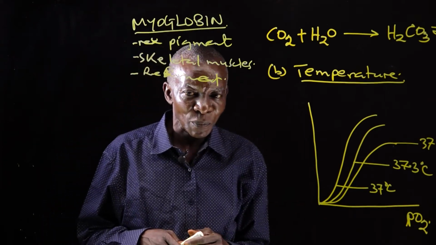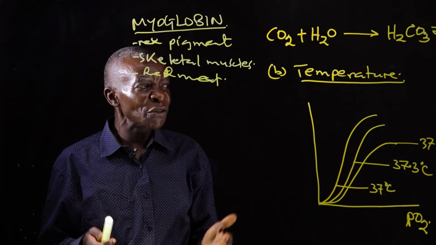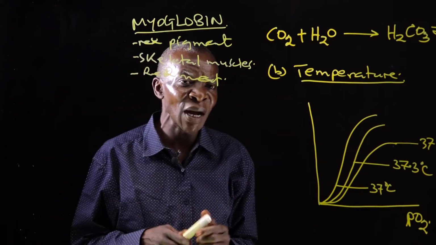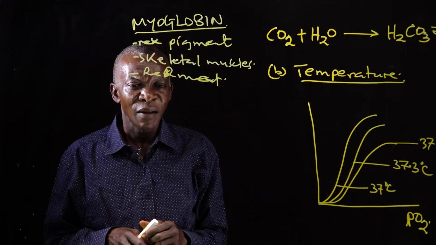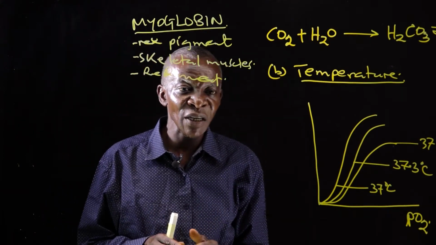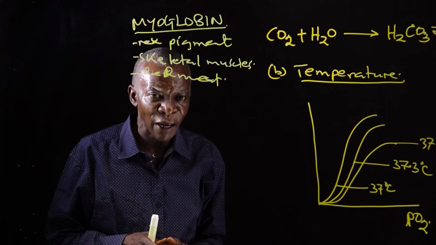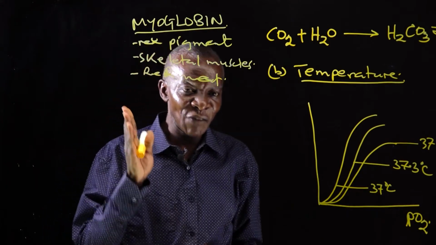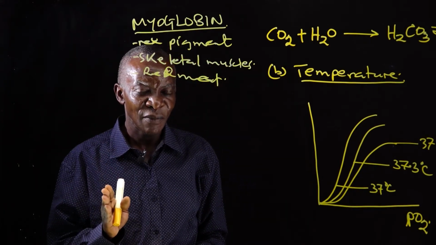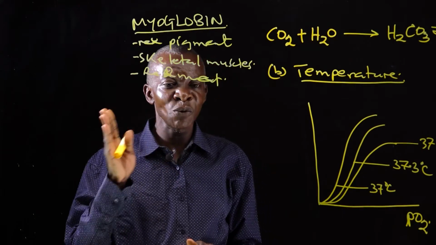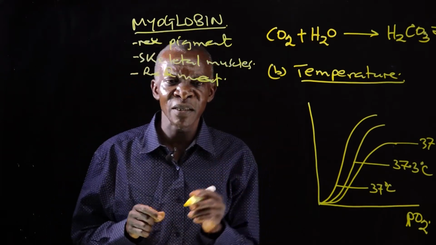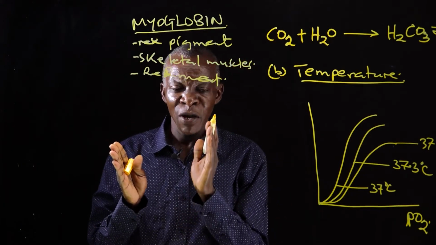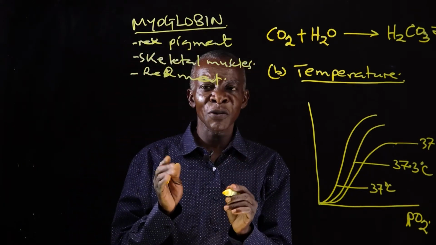If the oxygen dissociation curves for hemoglobin and myoglobin are plotted on the same axis, the curve for myoglobin appears to be displaced to the vertical axis, while that for hemoglobin is on the side of the horizontal axis.